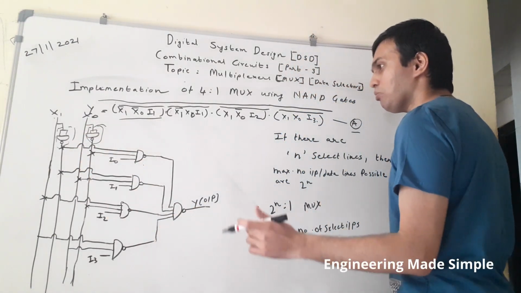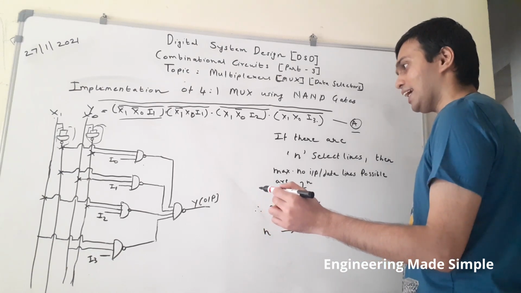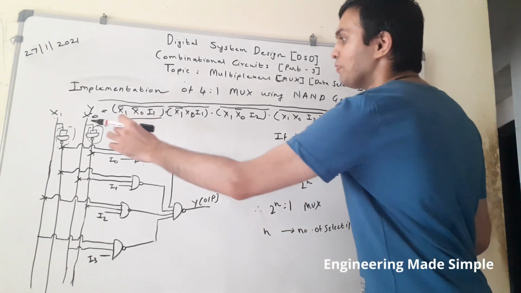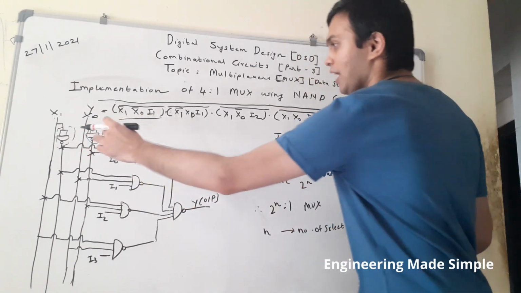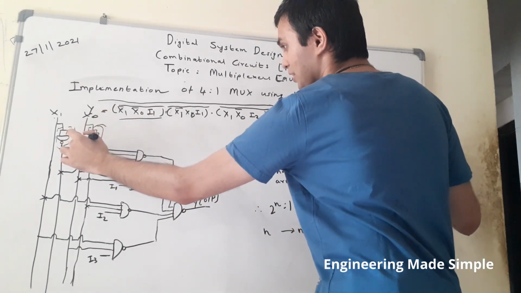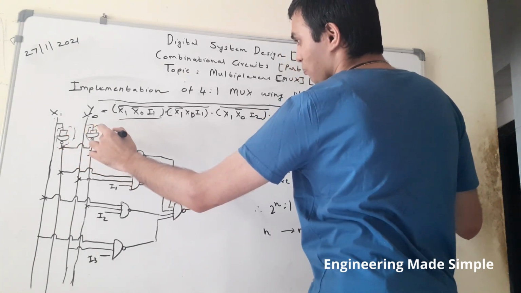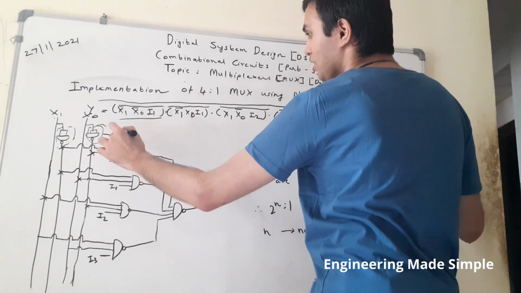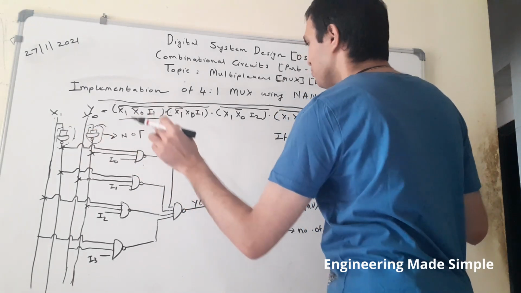For those who don't know this, you can refer to my lecture on universality of NAND gate. There you will see the NOT gate implementation using a NAND gate and how we do it. So these two are actually NAND gates, but they perform the function of inversion, that is a NOT gate. That's the reason I used them in this circuit.